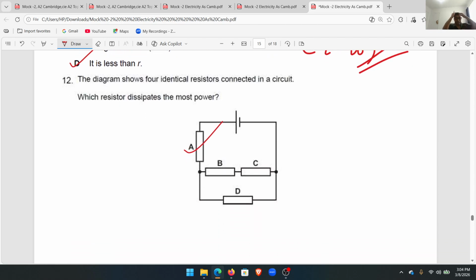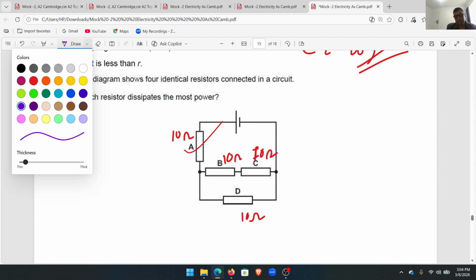The diagram shows four identical resistors connected in a circuit. Which resistor dissipates the most power? In this case, the best idea is that no value is given, so choose any value by your choice. Assume that every resistor is 10 ohm. Now assign a value. Okay, check the total resistance of them, 20 and 10.